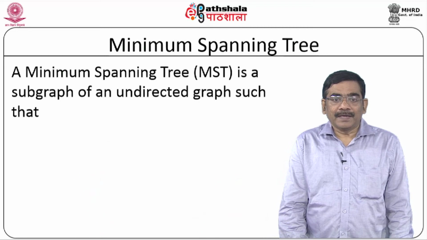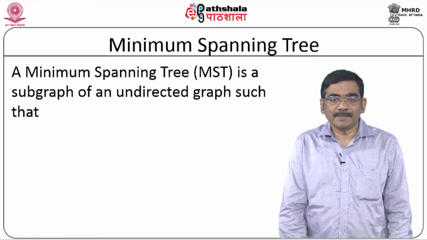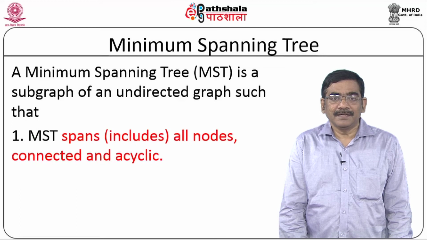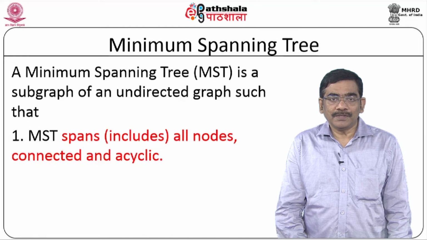So, you can put everything into a nutshell. Now you can say that a minimum spanning tree, MST, is a subgraph of an undirected graph such that the MST includes all the nodes.